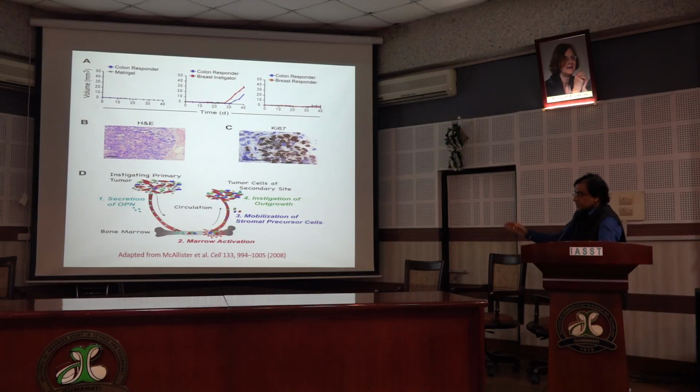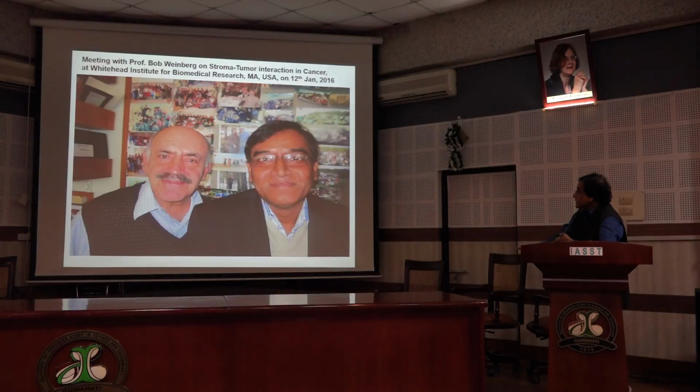Now a series of papers is coming out in this area. We also have one paper under review showing the involvement of MSC in the development of breast cancer metastasis, in response to osteopontin and some chemokine receptors and integrins. But again, I am not going to talk about that.